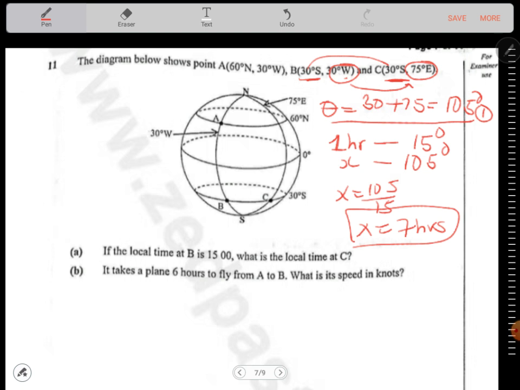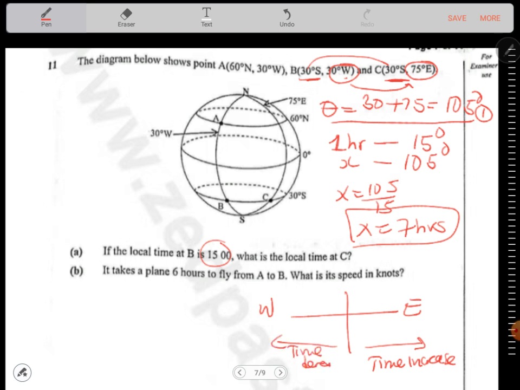Now, are we going to add to 15 or subtract from 15? Get this right now. As you go towards the east, time increases. As you go towards the west, time decreases. Now, since C is towards the east, time is increasing. So we are going to add.